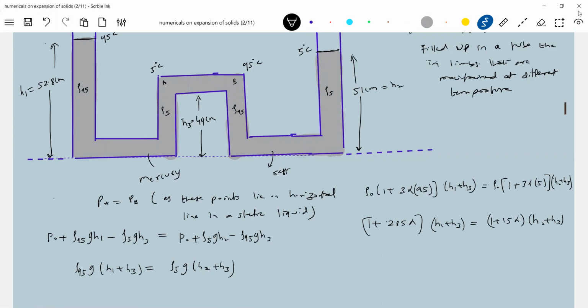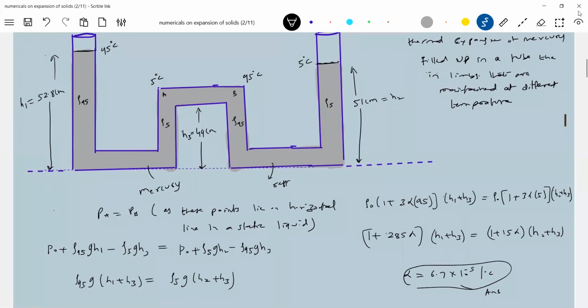Okay, solve for alpha, you'll get the required answer. Fine. Some questions. Answer will be 6.7 into 10 to the power of minus 5 per degree Celsius. This will be the answer.